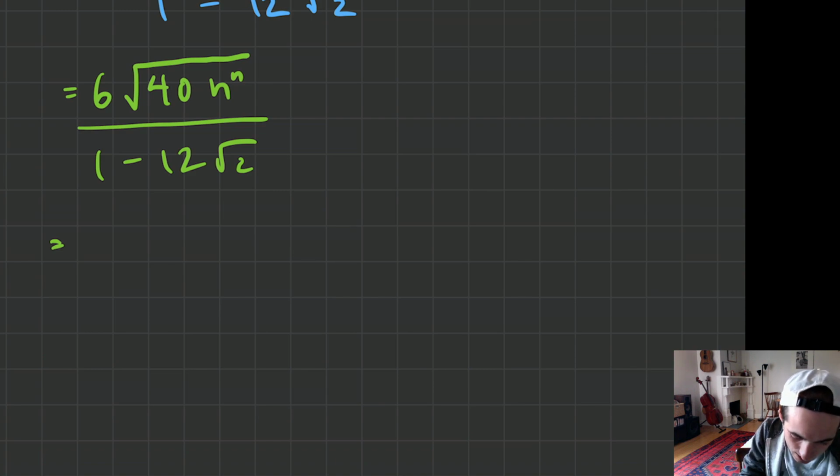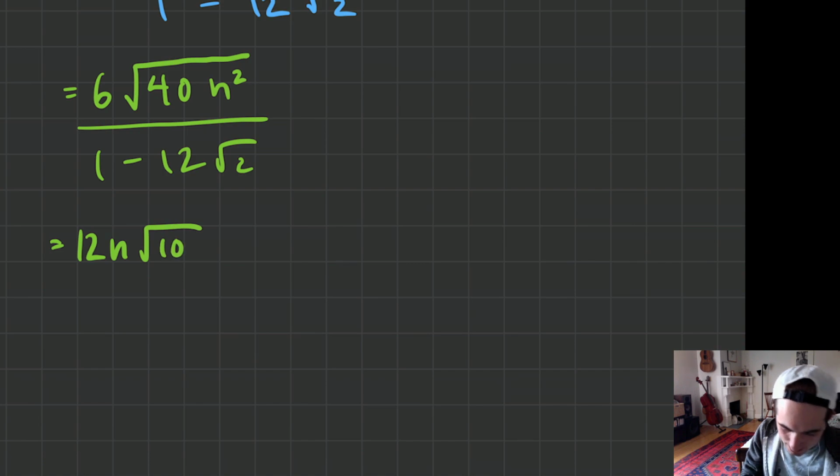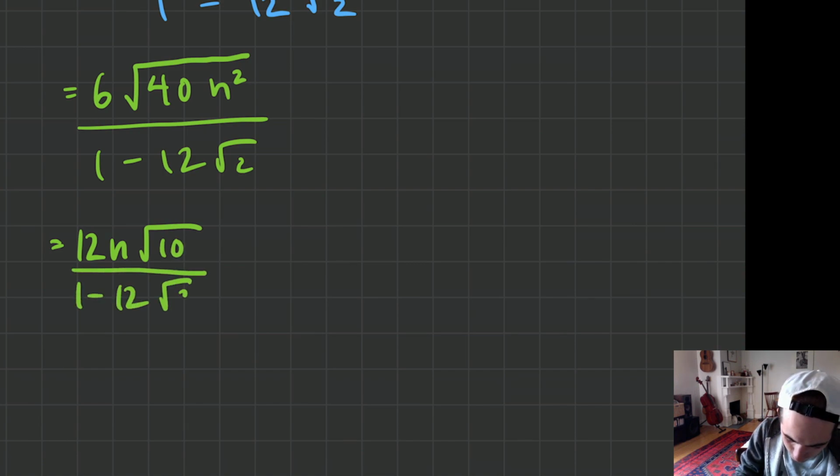So I can factor out a 4n squared, which gives me 2n. So that's 12n times root 10 all over 1 minus 12 root 2.